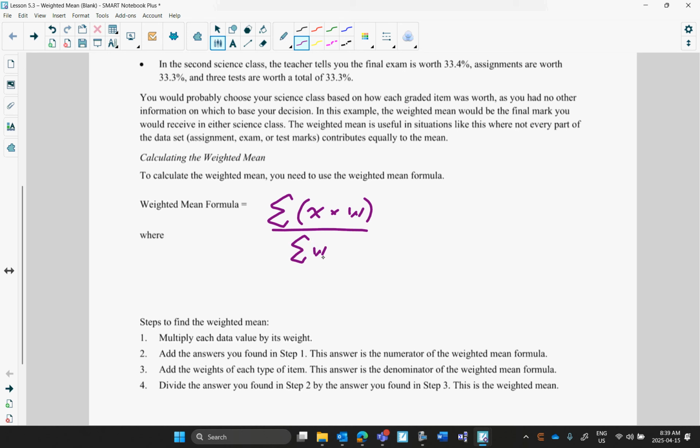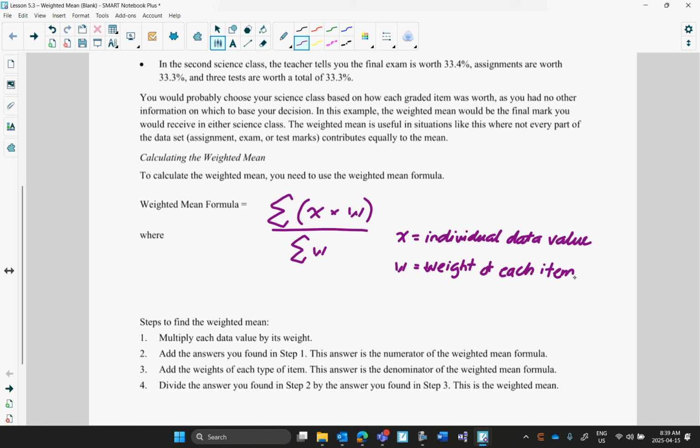X represents the individual data value. W represents the weight of each item or category.